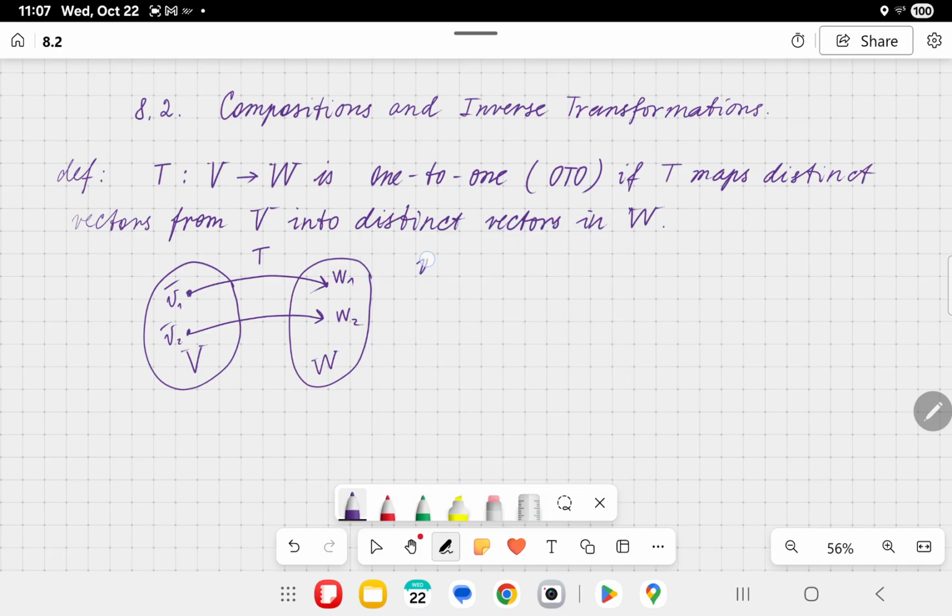If vector v1 is not equal to vector v2, and these vectors belong to space V, then transformation of v1 is not going to be equal to transformation of v2. And these two vectors belong to space W, they are w1 and w2. So the results of transformation, or images, are not equal to each other if originals are not equal to each other.